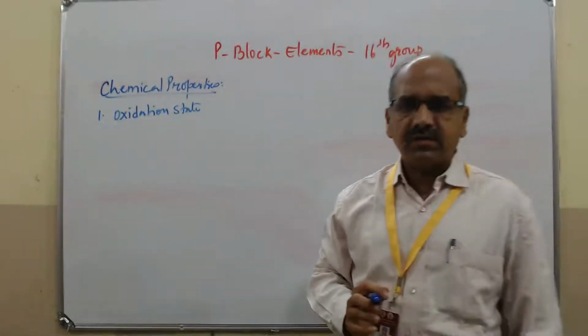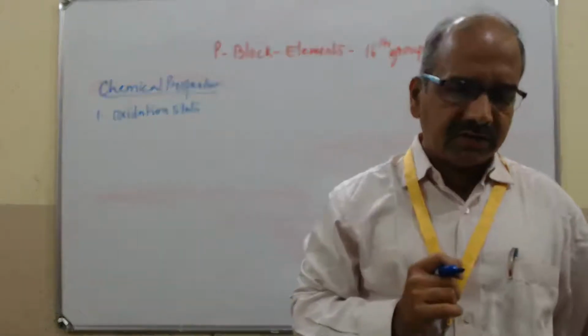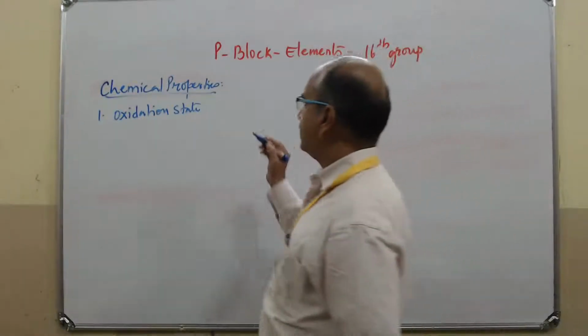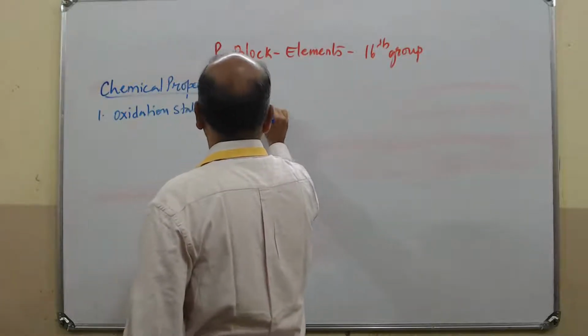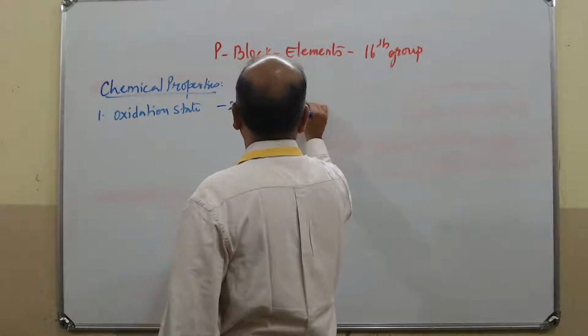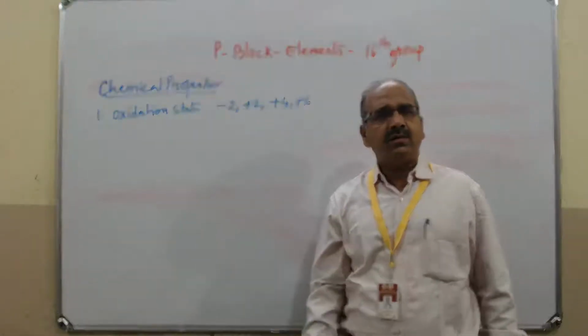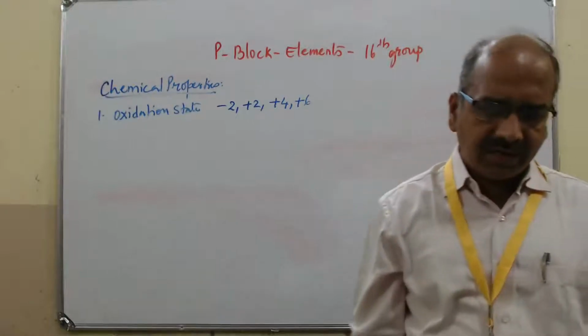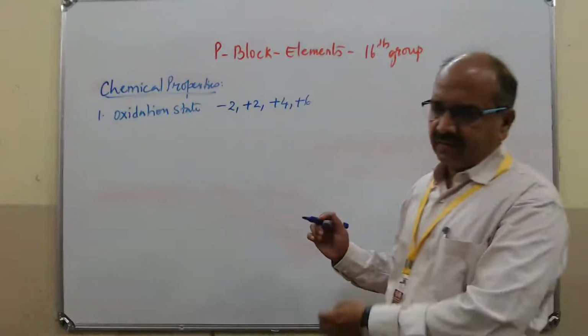These elements can exist in -2, +2, +4 and +6. These are the various oxidation states of the oxygen family elements.